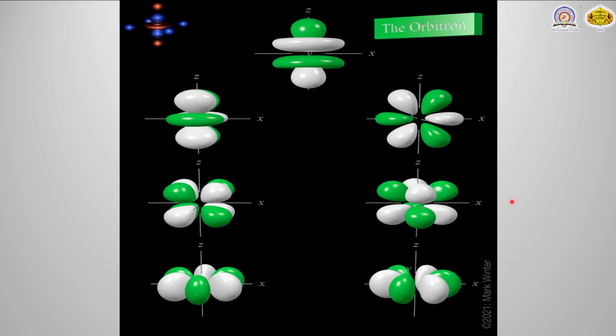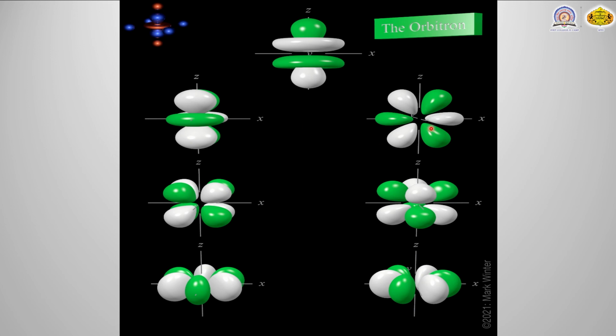Similarly, we can calculate the radial node using the formula n minus L minus 1. For the f orbital, the value of L, the azimuthal quantum number, has to be 3. The f orbitals start from 4f, and the next orbital is 5f.